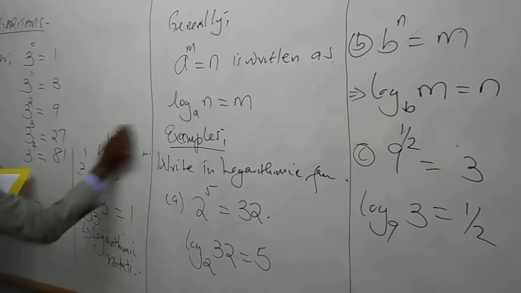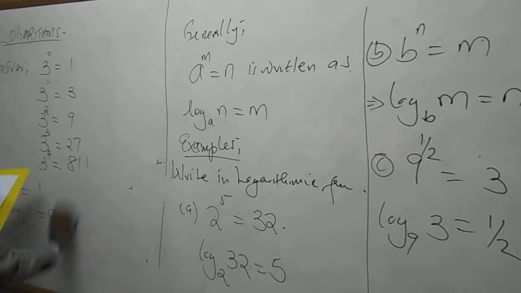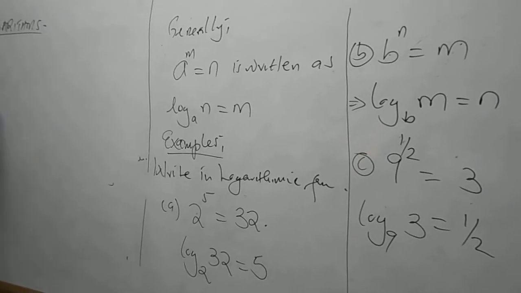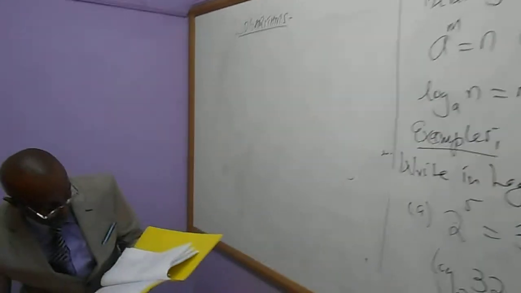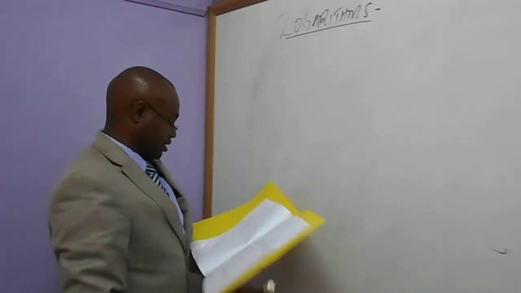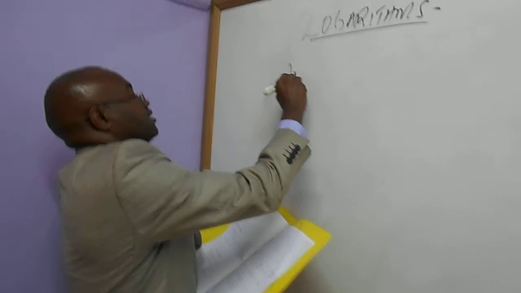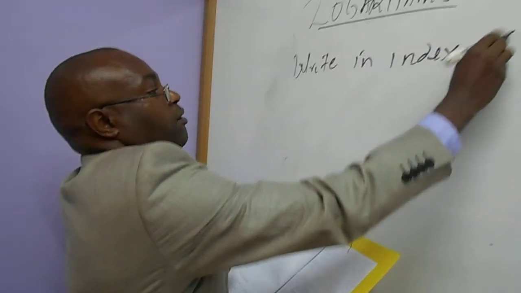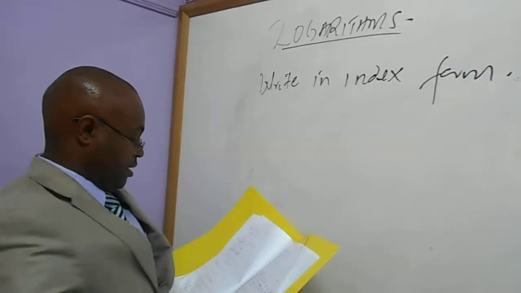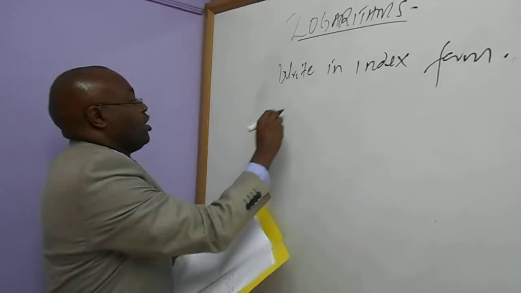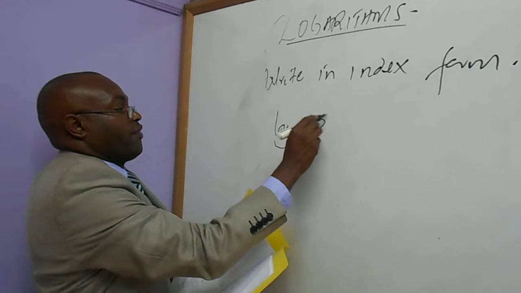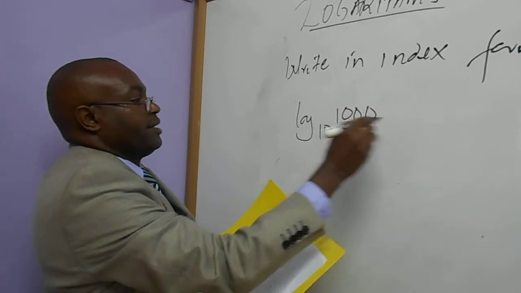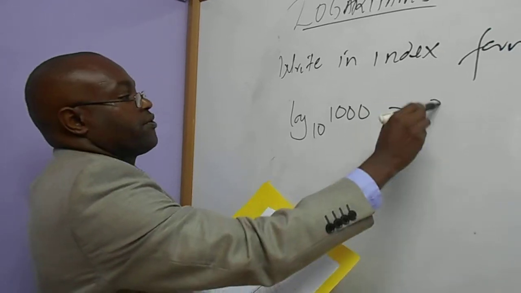What about when we are to write the other way, vice versa? You're given the logarithmic form and you're told to write in index form. For instance, log 1000 to base 10 is equal to 3.